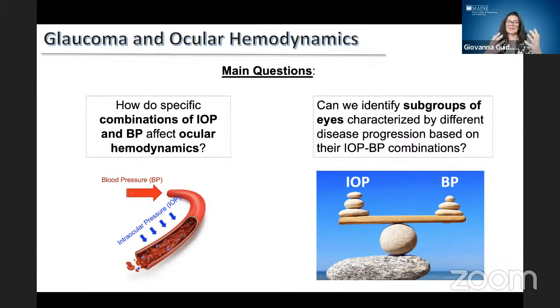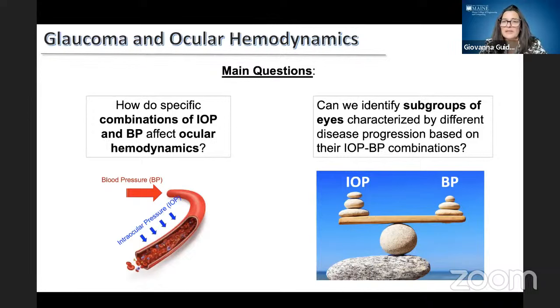The underlying hypothesis is that if there isn't enough blood flow coming to the eye, or if there is too much, then the tissue will be damaged and cells will die. So understanding the impact of specific combinations of blood pressure and IOP in the eye through ocular hemodynamics may help explain some aspects of the disease process.